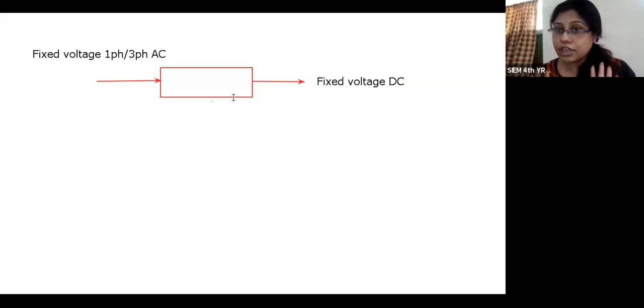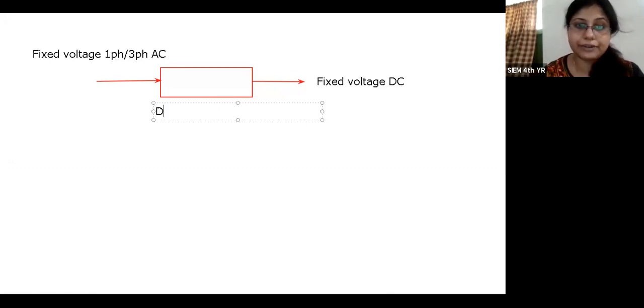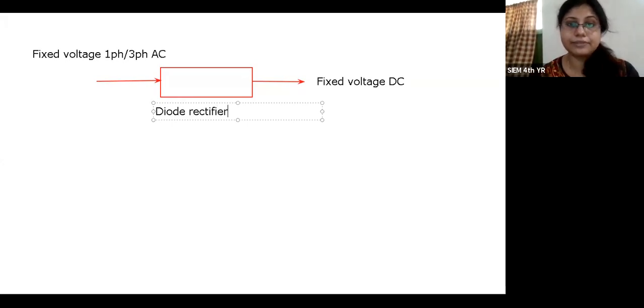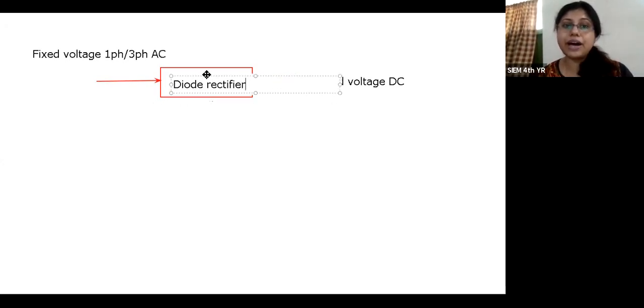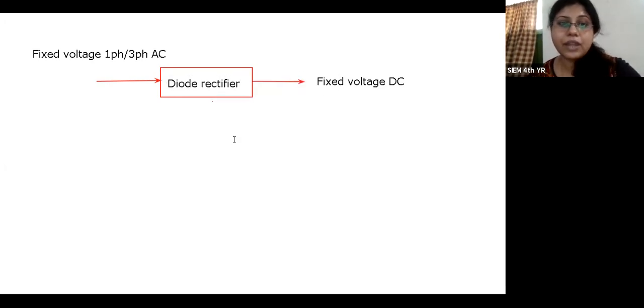Now, do you understand? Hira, Arpan, yes, okay. So here the power modulator we can use is an uncontrolled rectifier. Please write down uncontrolled rectifier or diode rectifier. So a diode rectifier is used here as a power modulator device.